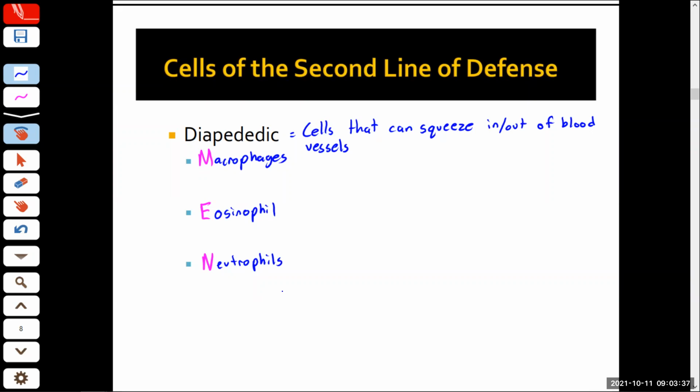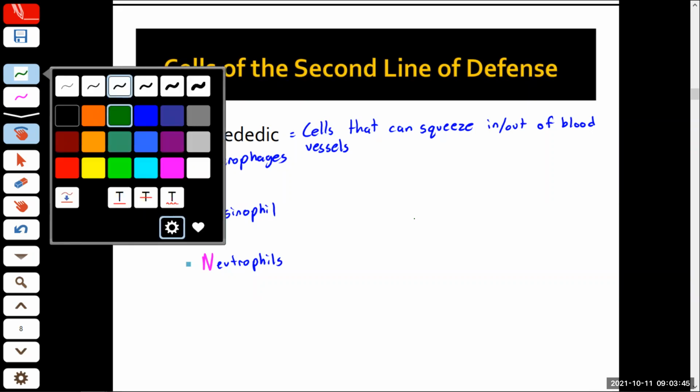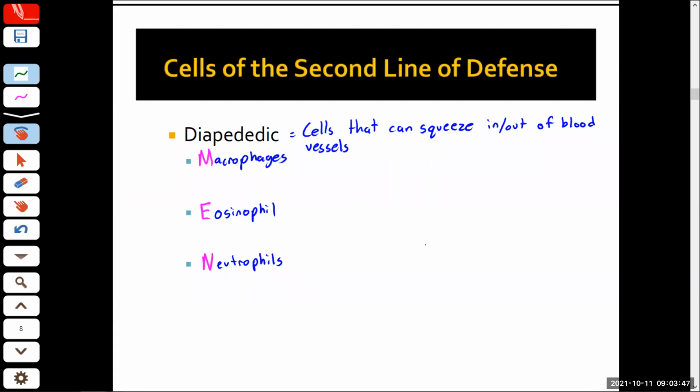So neutrophils. Why are neutrophils the jack of all trades? What can they do? What are the three properties that neutrophils have that we've talked about? They can release histamine. They can eat stuff. And finally, the third one here, they are diapedetic.